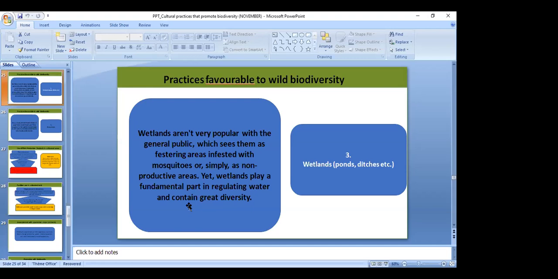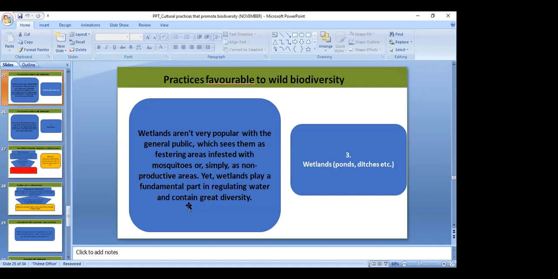We do not encourage some of these things. Once there is a pond around your farm, what we do is that you allow it to flow, do not dam it. Of course, there are cases whereby it can influence activities of mosquito. It can influence activities of some insects. But the disadvantages are not as much as the advantages.